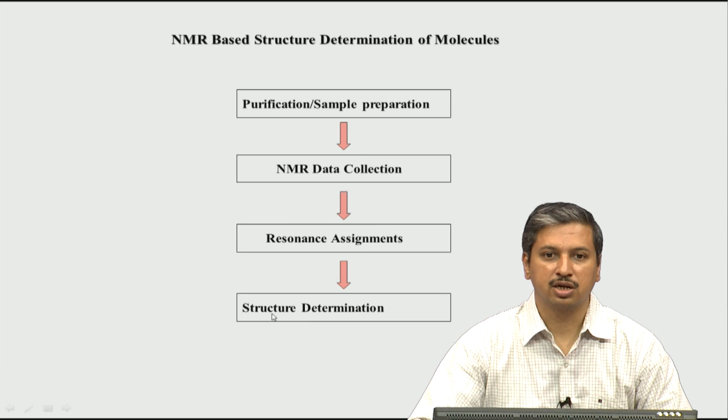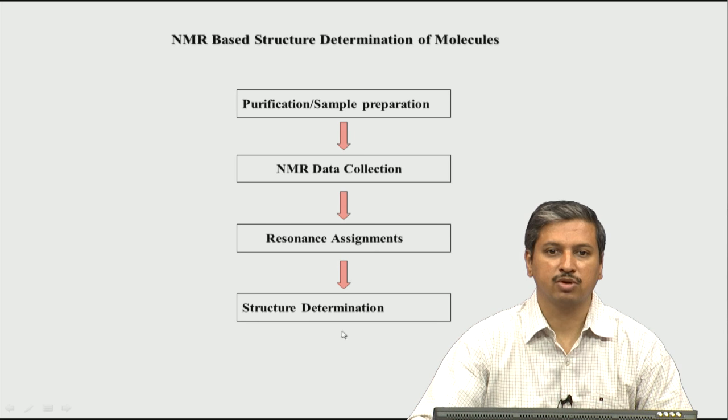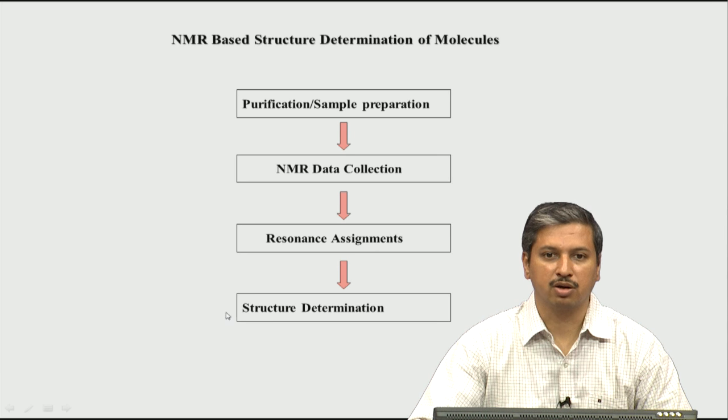What is meant here is the complete 3-dimensional structural information, and that comes from the very important experiment called NOESY or ROESY, because remember we saw that each peak in a ROESY or a NOESY spectrum gives the information of the distance between atoms. And what is a 3-dimensional structure? It is nothing but the distance information between different atoms in 3-dimensional space. So, that is what is meant by structure determination. These are basically the steps involved in going from sample to structure by NMR.